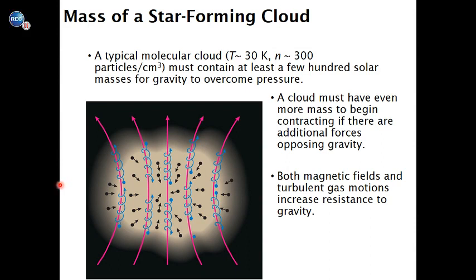Alright, so for one of these clouds that we're looking at, with a typical density and a typical temperature, for gravity to win out over this pressure, you're looking at a few hundred solar masses of stuff. And in general, you need even more if there are other effects. There can be magnetic forces. You can have higher kinetic energies as a group, as the gas is turbulent and it moves around. So, you need a fairly massive cloud, which means a fairly big cloud.